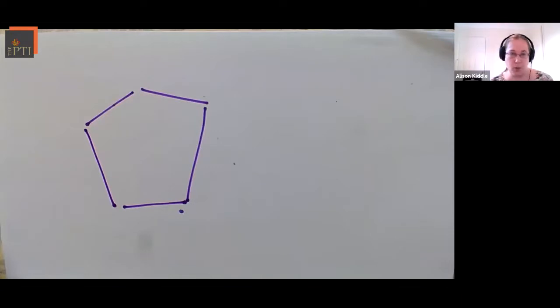What would happen with a 20-sided shape? And then move on to the nth case. So it's like this idea of a generic example where we can use the numerical case as a way to get into that general thinking and then move to the algebra when we're ready for it. Yes.